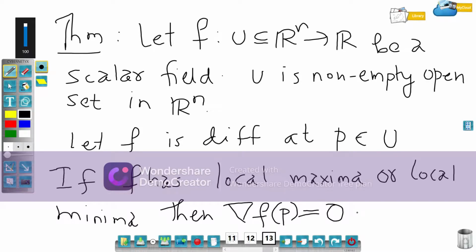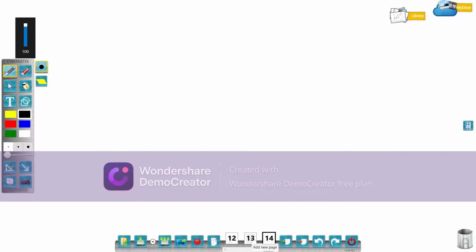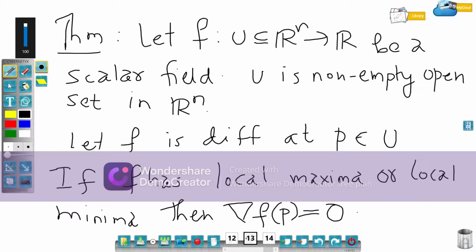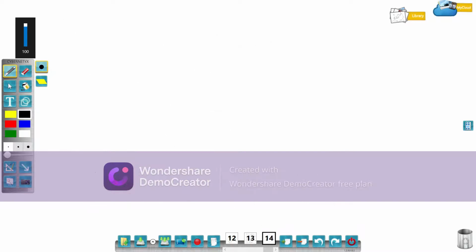This proof we will discuss a little later, but we will assume that if f has a local maxima or minima, then the gradient must be 0. Now let me have the second derivative test.